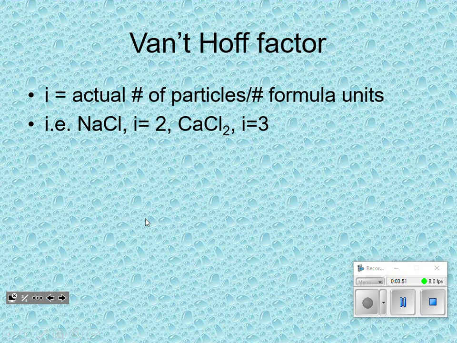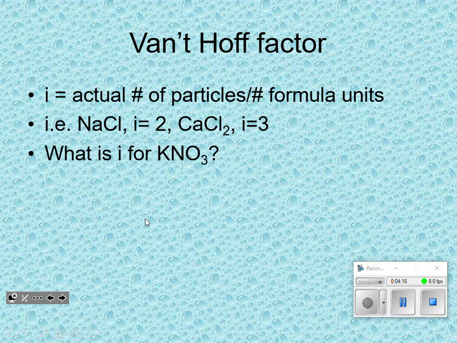That's going to have more ions floating around. So in other words, if I had a 1 molar solution of NaCl and a 1 molar solution of CaCl2, the 1 molar solution of CaCl2 would have a higher boiling point because there's more ions that we have to overcome their attraction. It would have a lower freezing point. It would have a lower vapor pressure.